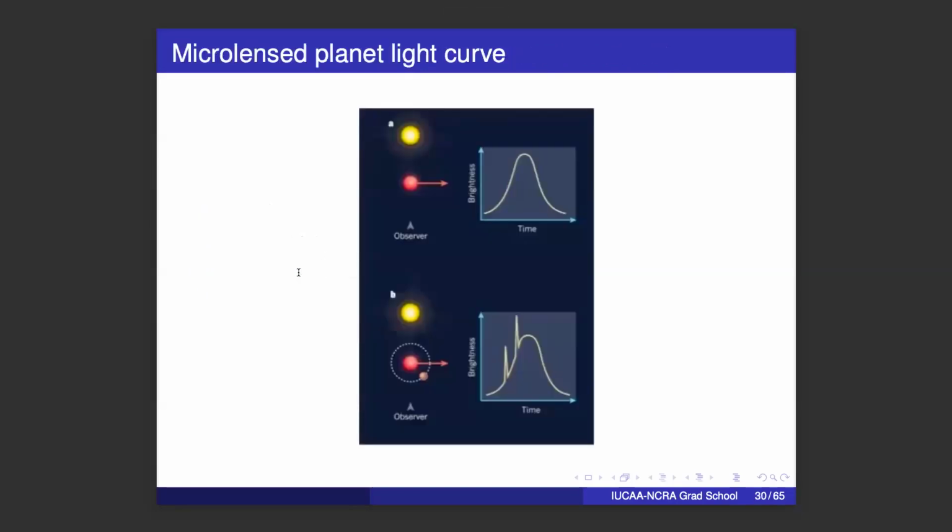So microlensing is another technique. As I mentioned, if some moving object, which could be another star or some massive dark object, passes between you and the star in the background, then the brightness of the star will brighten dramatically.